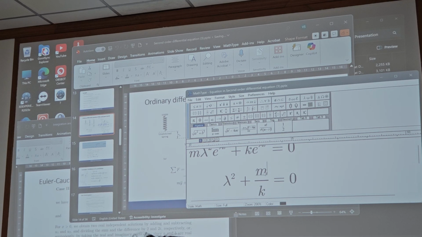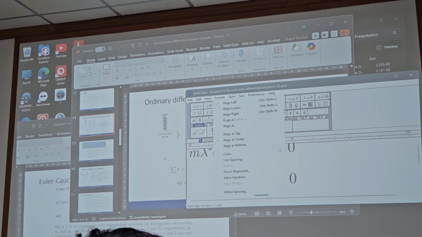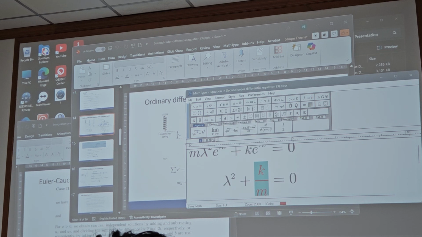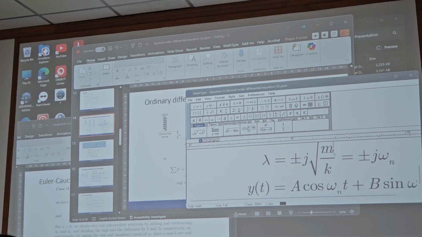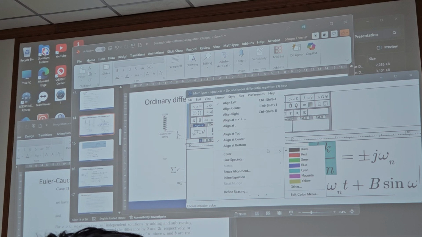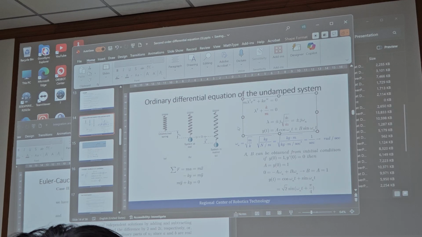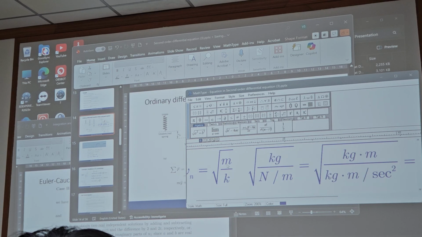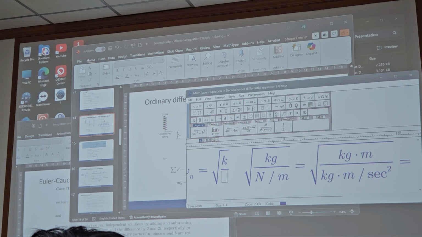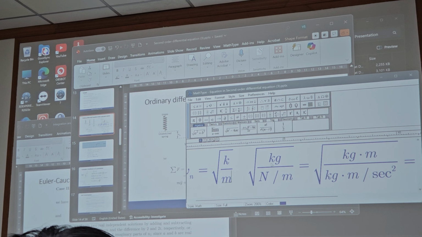It should be K over M, not M over K. K over M. This one is switched, so it has to be n.